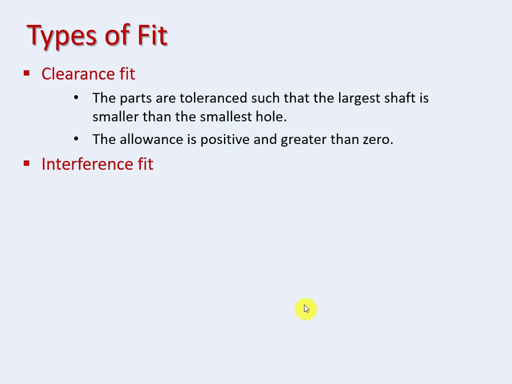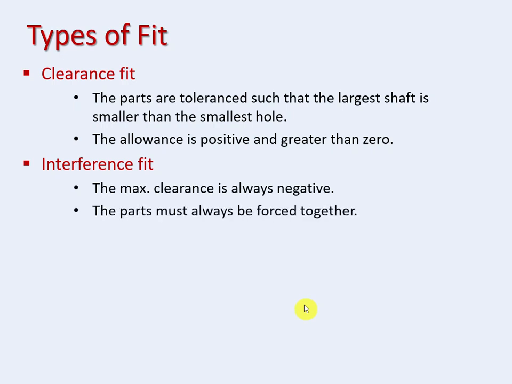The second type, interference fit. Sometimes the allowance is positive, sometimes negative. The maximum clearance is always positive. That means the allowance may be positive, may be negative. The parts must always be forced together.